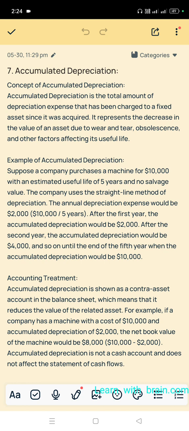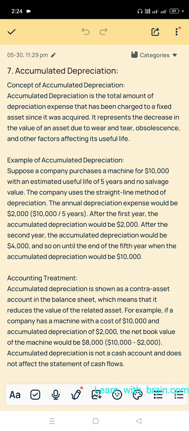Accumulated depreciation is the total amount of depreciation expense that has been charged to a fixed asset since it was acquired.